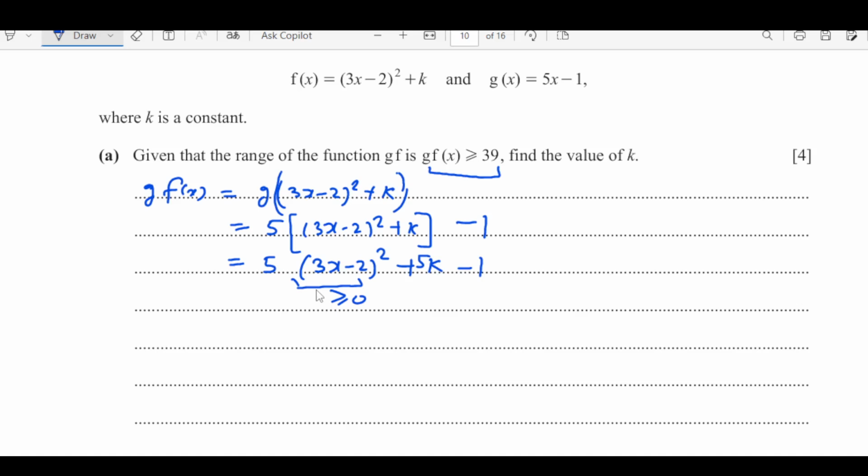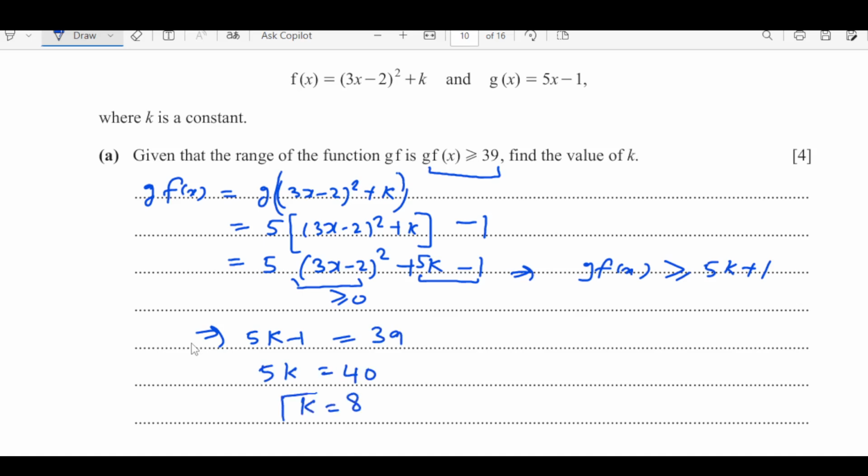So g of f(x) is always greater than or equal to 5k minus 1, and this is equal to 39. So 5k is equal to 40 and k is going to be 8. That's the value of k that we are looking for.